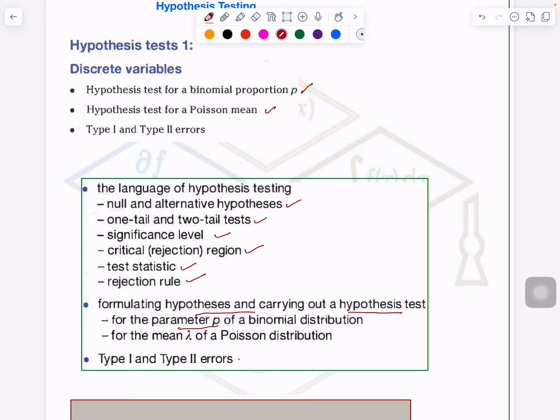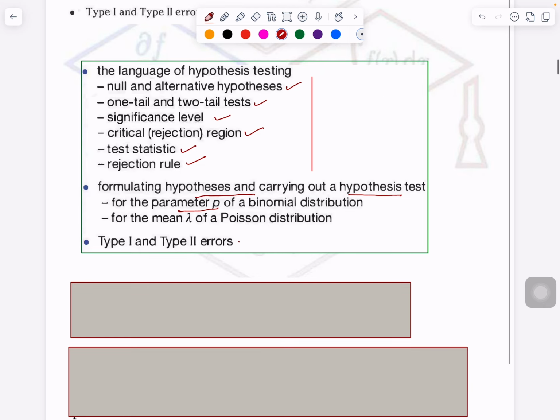By the way, the same language will be used for hypothesis test 2, which is z-test, right? The same language will be used in the question. So in video 2, basically I will explain all these terms with the help of one question which I have solved in detail.